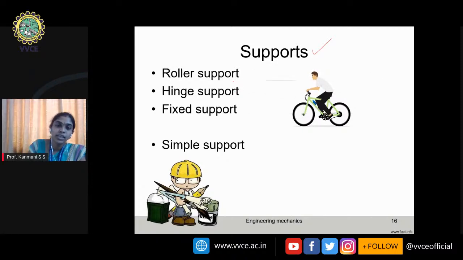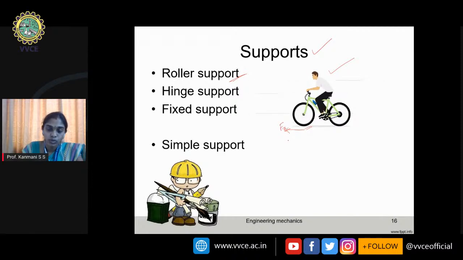The first support that I'm going to talk about is the roller support. I have shown you an example of a cycle, a person riding a bicycle. I am taking the example of the wheel of a bicycle. Observe this wheel. This wheel is moving towards the left. That means this wheel is allowing the body to move in the x direction.